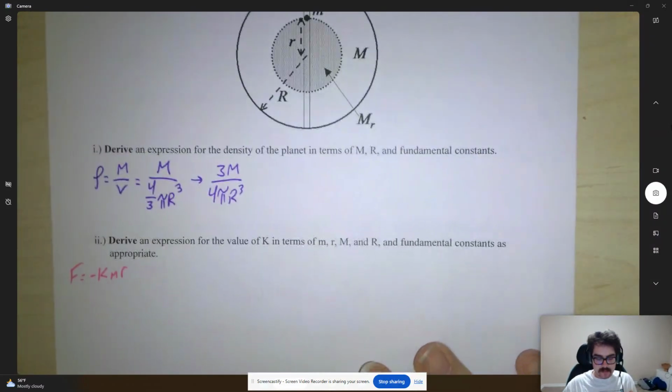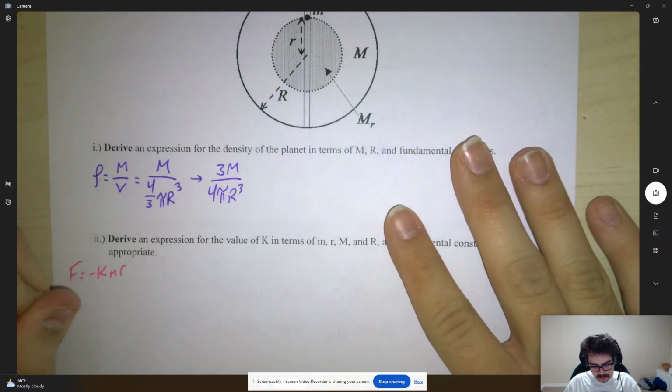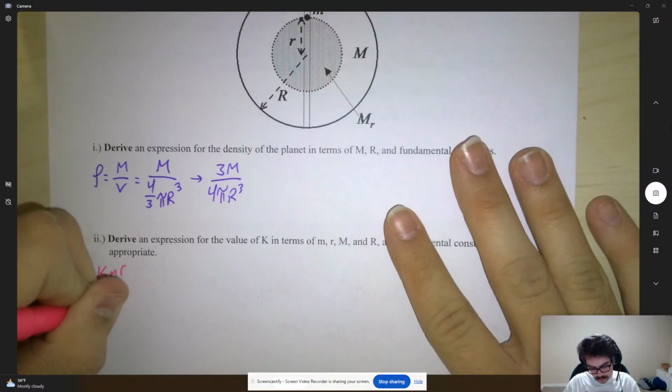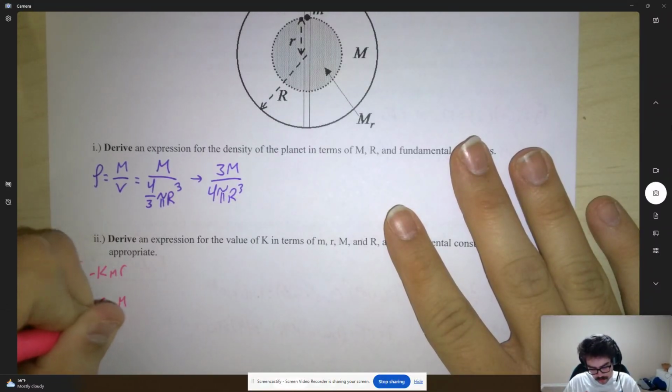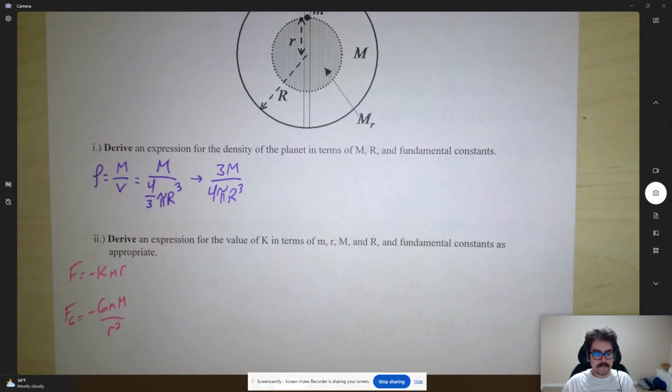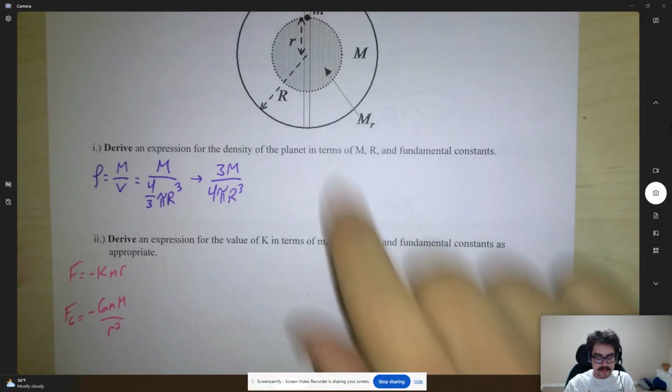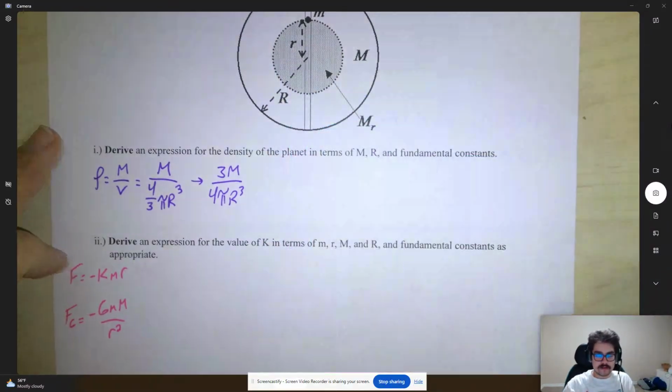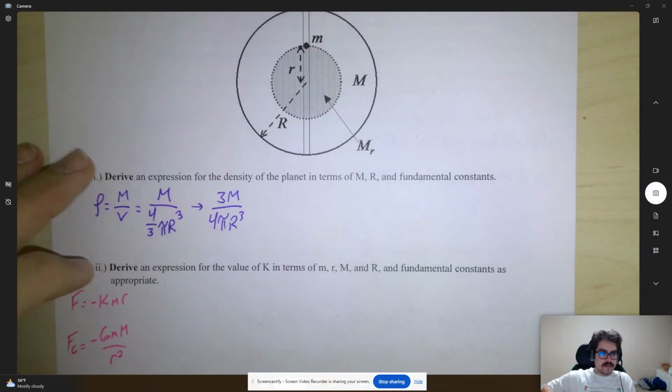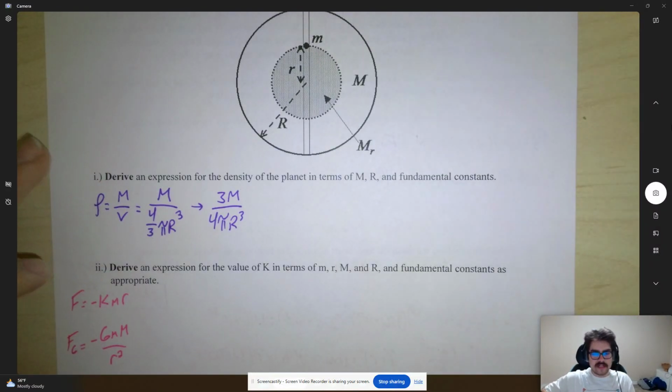So I can say that the force of gravity is equal to negative G little m big M over R squared. However, it's not going to be the full mass of the planet. It's going to be the mass that's encompassed within here, so I would have to set up some sort of ratio.